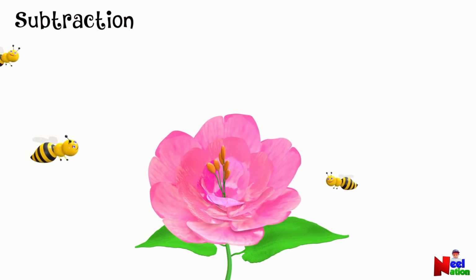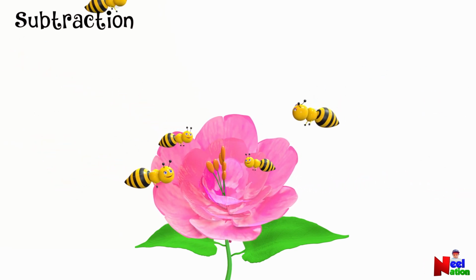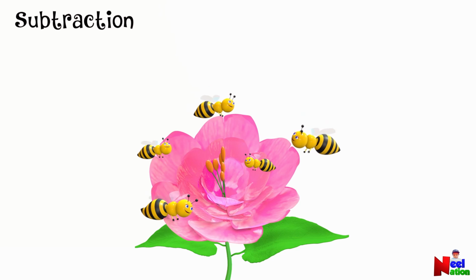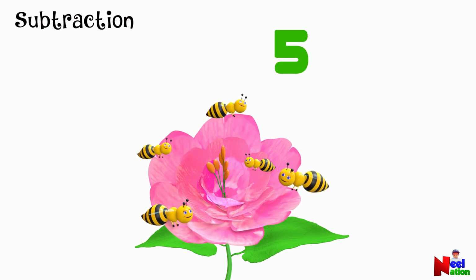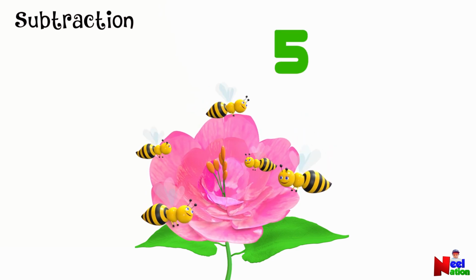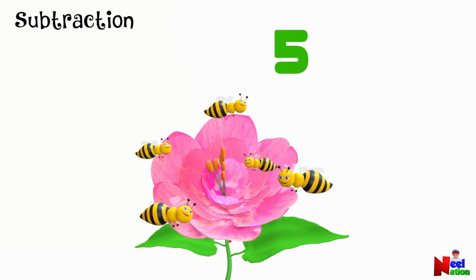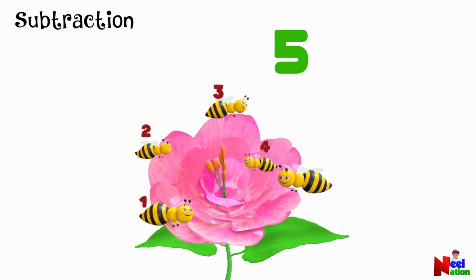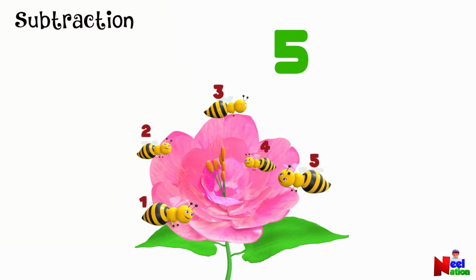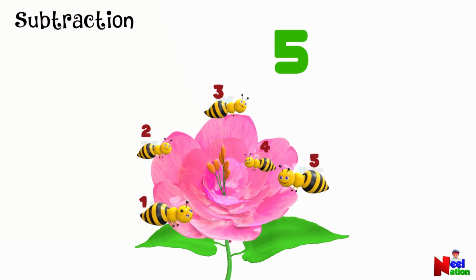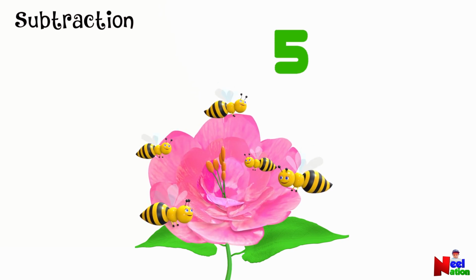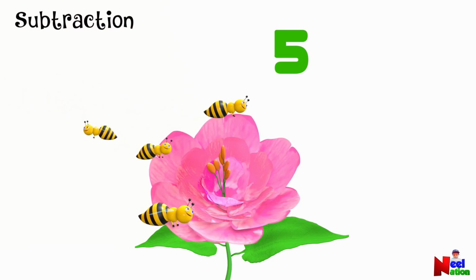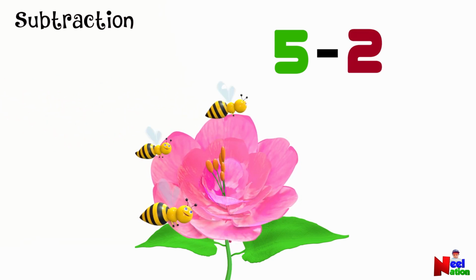Look at this pretty flower. 5 busy bees are buzzing around and they all land on the flower. Can you count them? 1, 2, 3, 4, 5. Oh no! After a while, 2 of the bees decide to fly away.